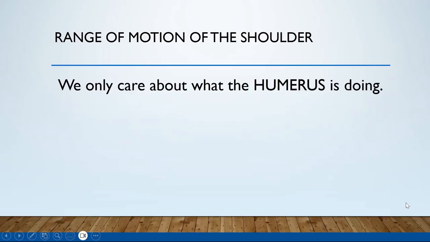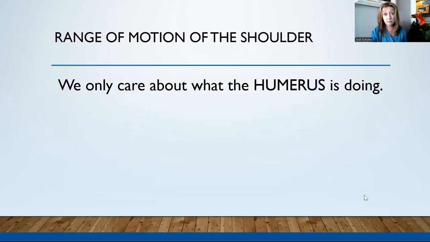So when you have a question about the range of motion of the shoulder, we only care about what the humerus is doing. I'm going to give you a distinction here between the shoulder and the shoulder blade, okay? So the shoulder and the scapula.